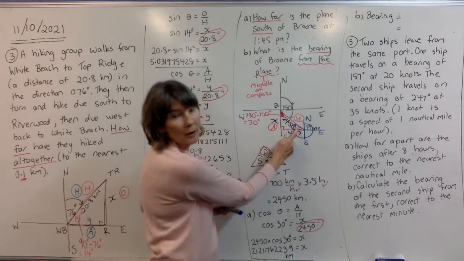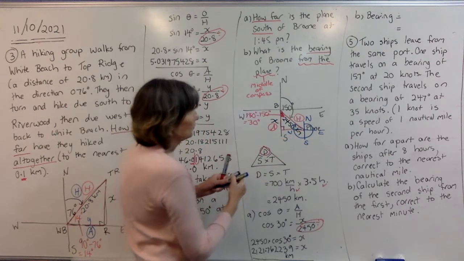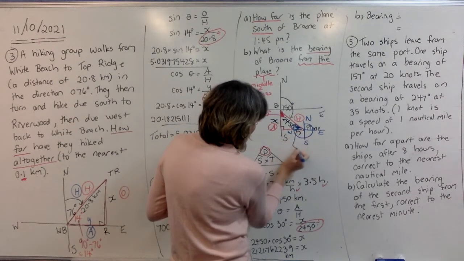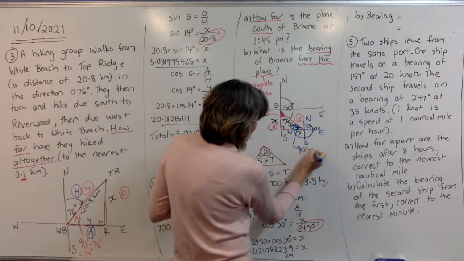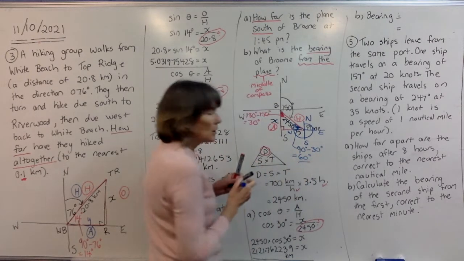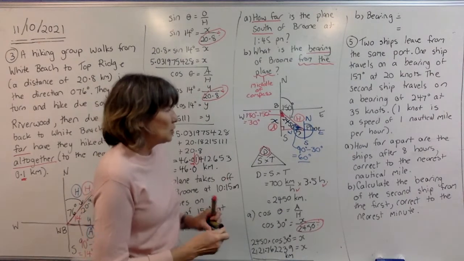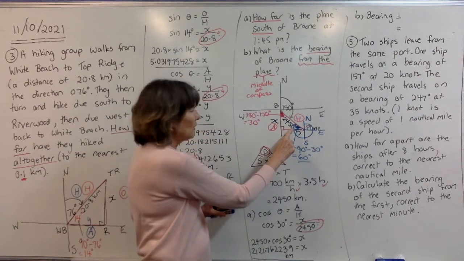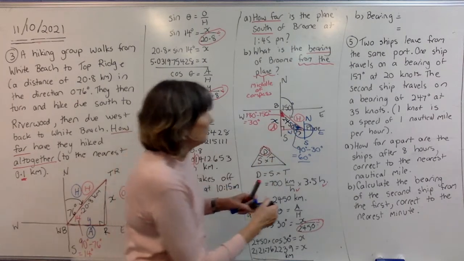That one will be 90 minus 30, won't it? So that little blue bit will be 90 take away 30, 60 degrees. So the bearing itself is pretty easy to do then because you're just going all the way around to west, which would be 270, plus that 60 on.